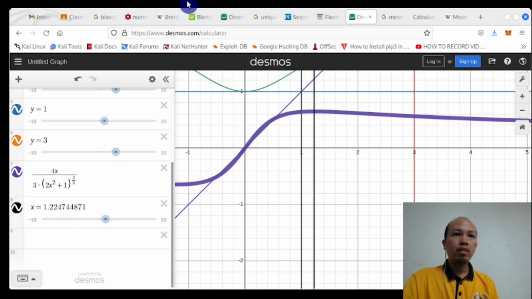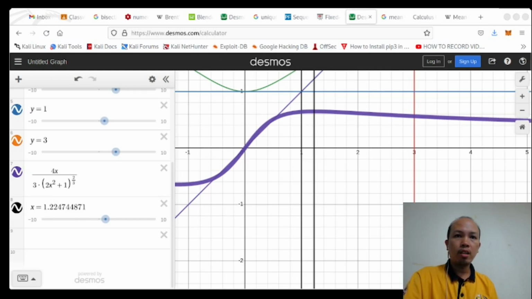Okay, so g prime of x is increasing on the interval 1 to square root of 6 over 2, and decreasing on the interval square root of 6 over 2 to 2.